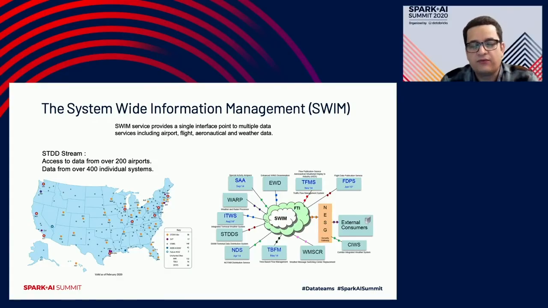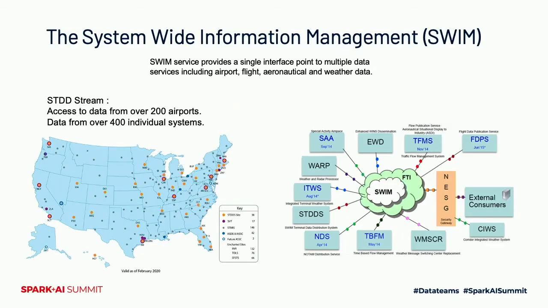SWIM stands for System-Wide Information Management, which is the combination of multiple data services, including airport, flight, aeronautical, and weather data. SWIM is the digital data delivery platform that turns raw National Airspace System, or NAS, data into meaningful information for aviation stakeholders.